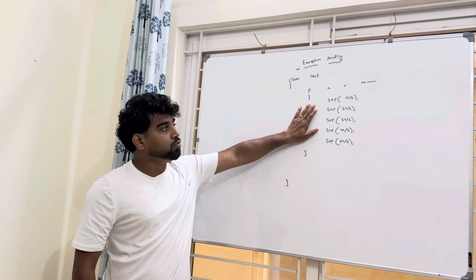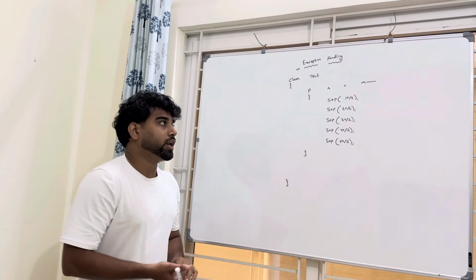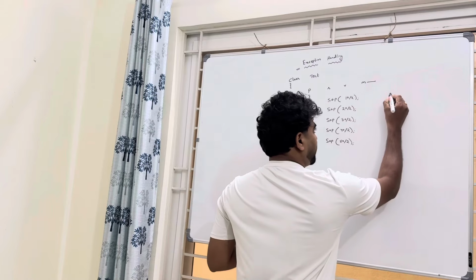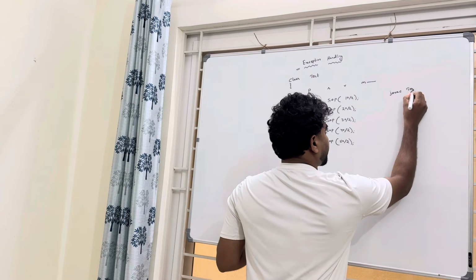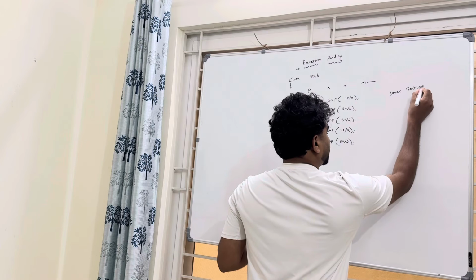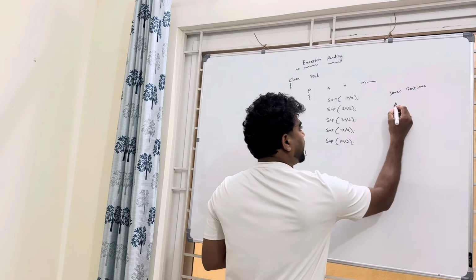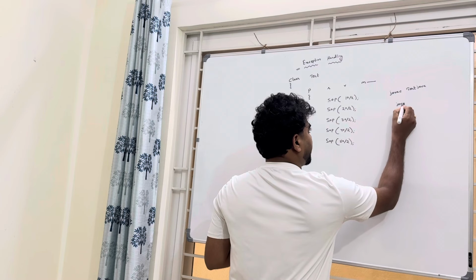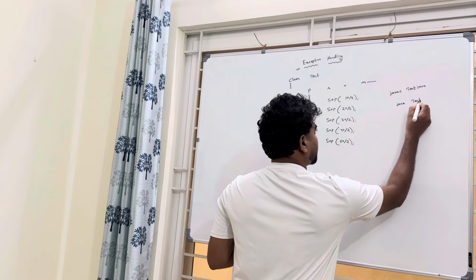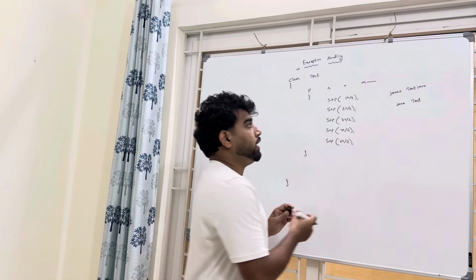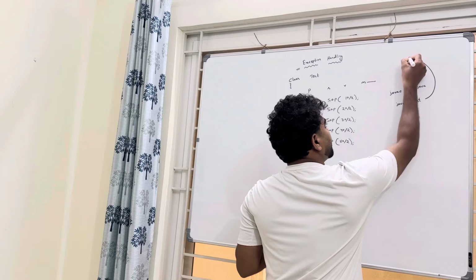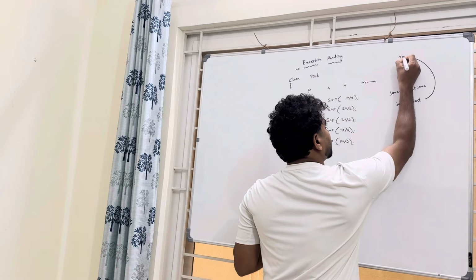Once I have written the program, I will compile my code with javac Test.java. After compiling, I will execute it with java Test. Whenever I execute, the request goes to the JVM.